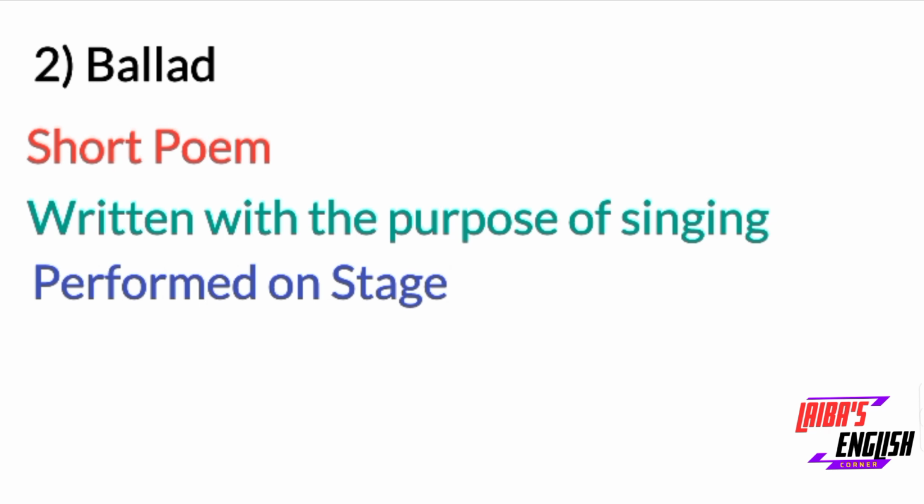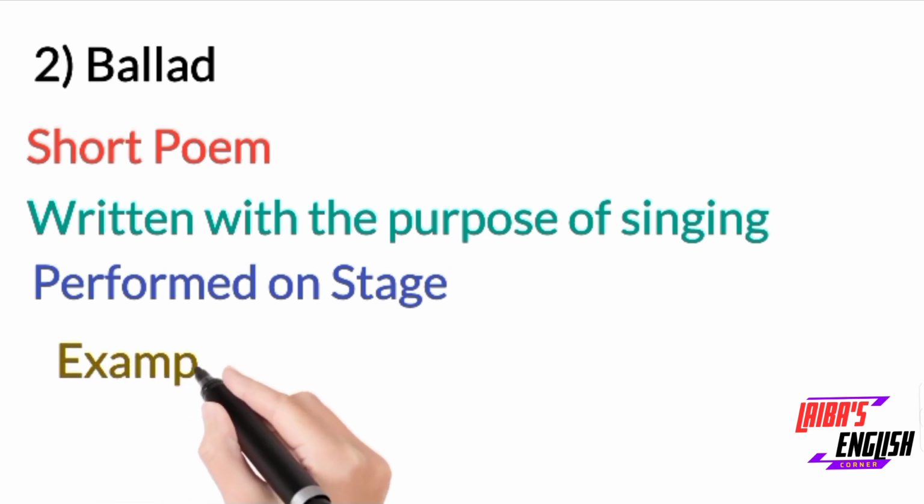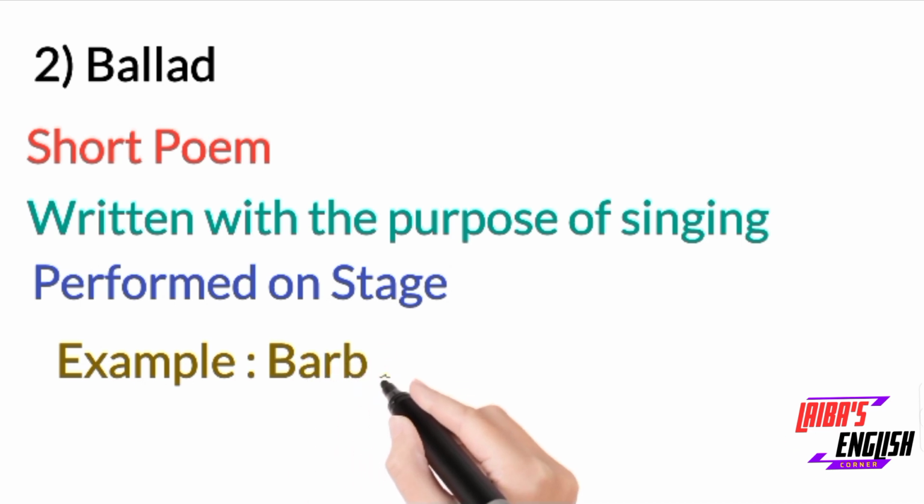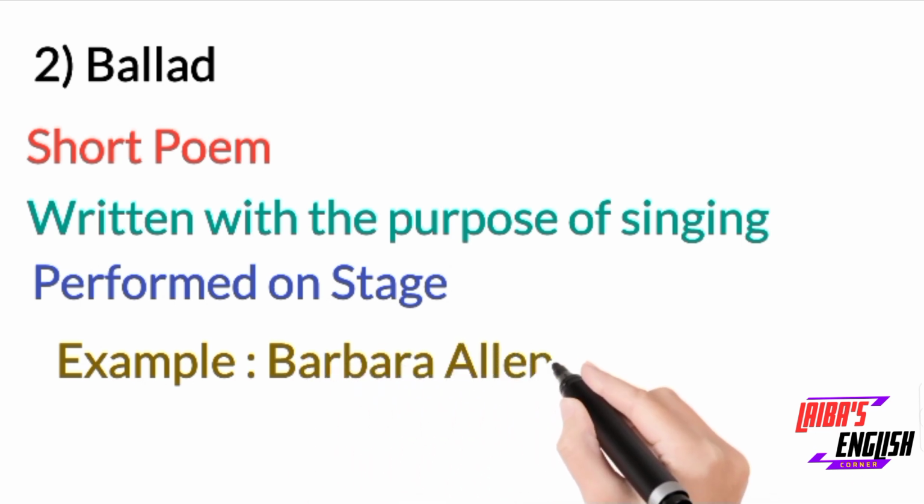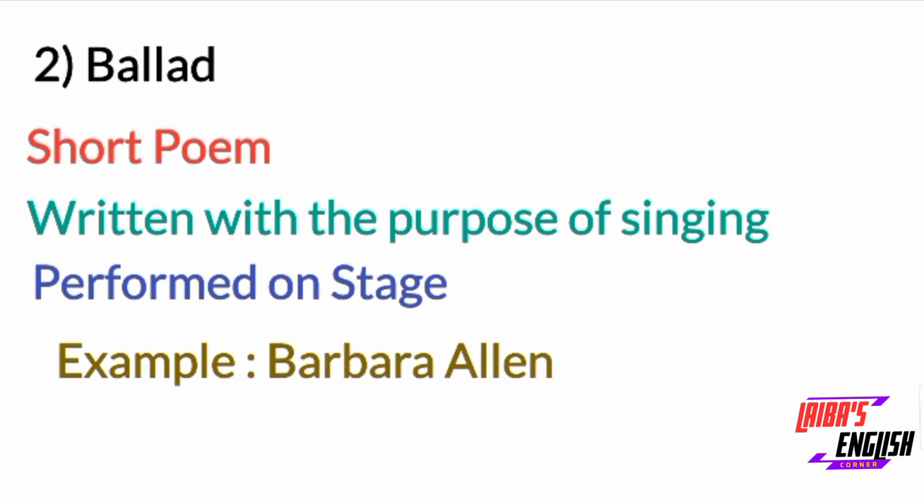We will have an example. For example, Barbara Allen. A man was in love with Barbara, so he wrote a short poem with the purpose of singing, and it is to be performed on stage.